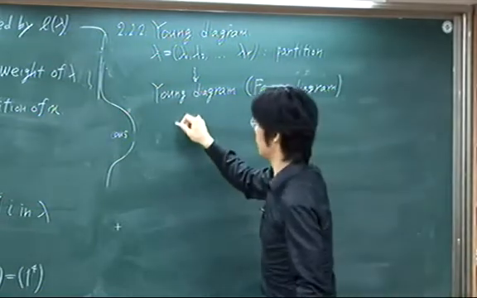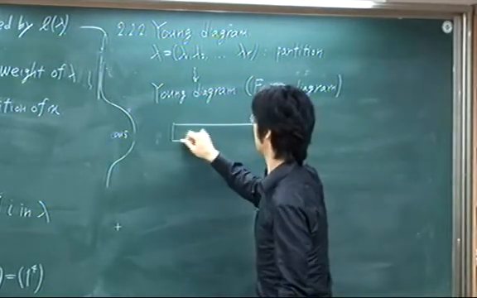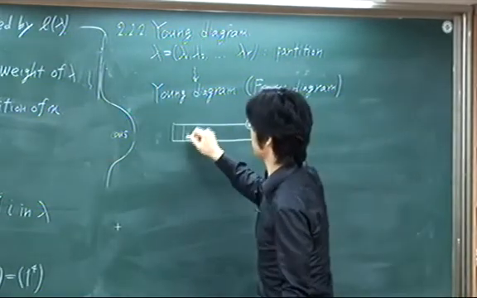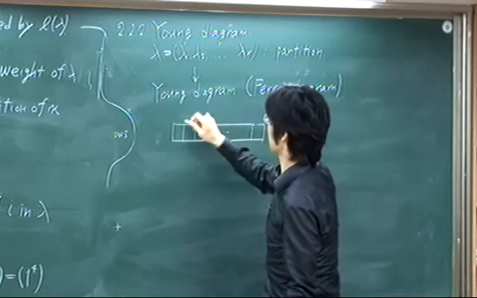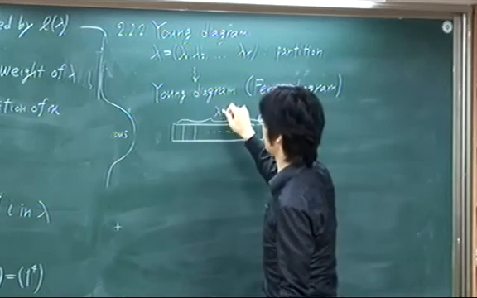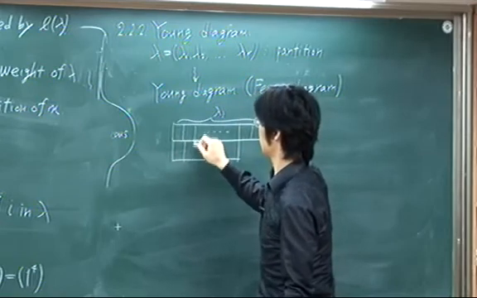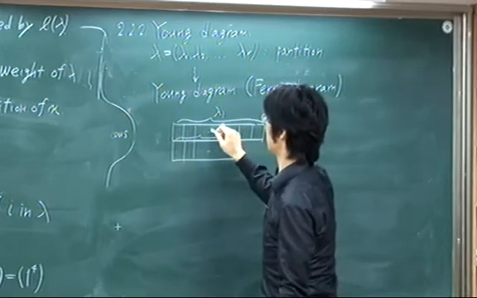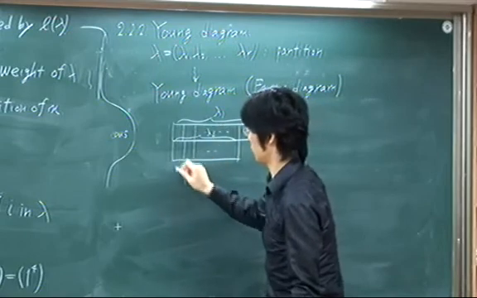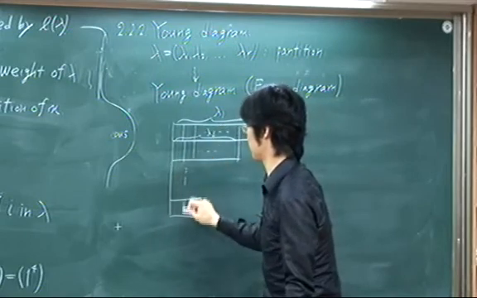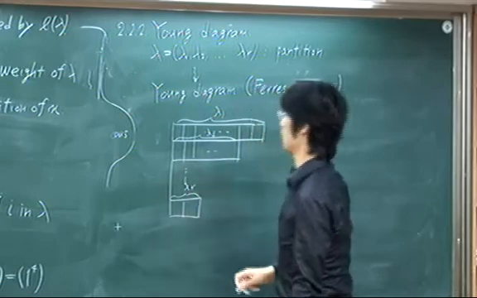It is defined by: there are lambda_1 boxes in the first row, lambda_2 boxes in the second row, and so on.